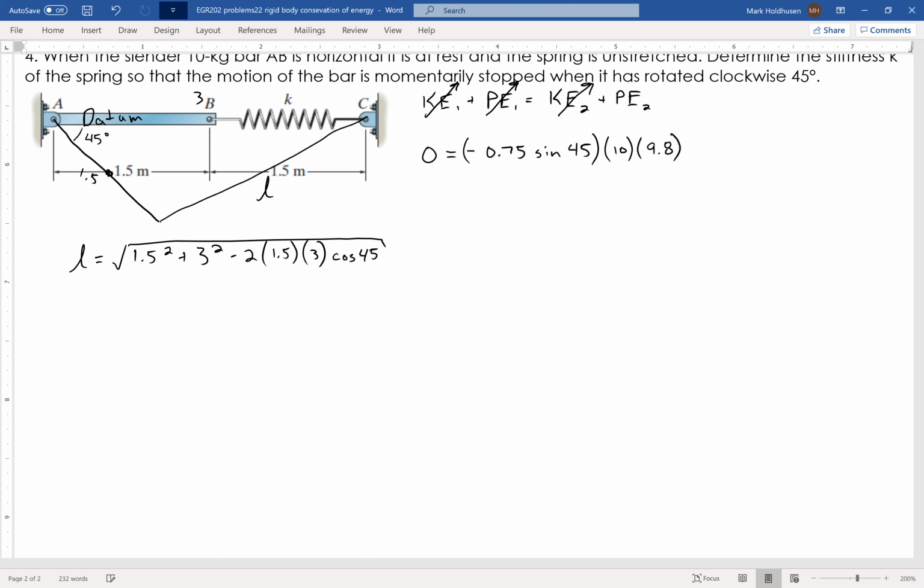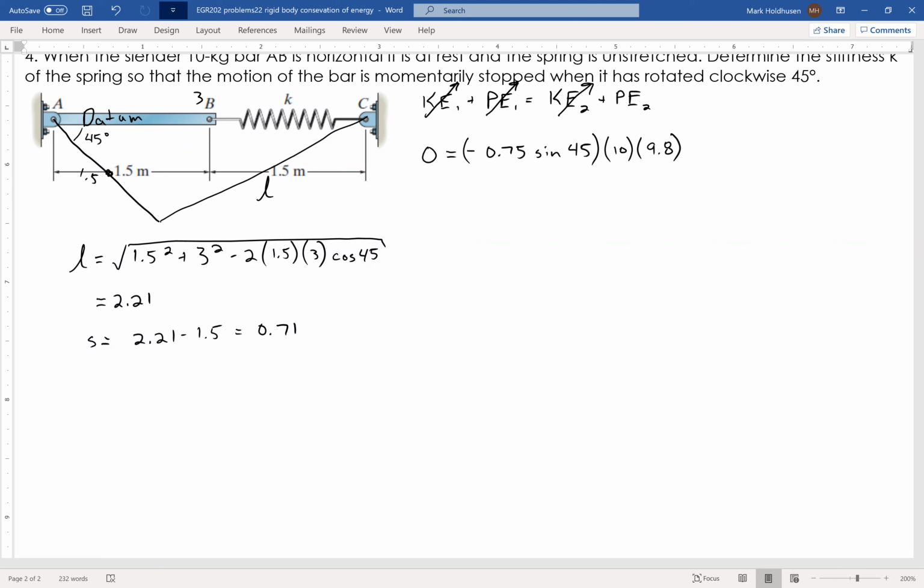Okay, and from that, this then becomes 2.21. The stretch in the spring then is 2.21 minus its unstretched length, which we know is 1.5, which gives me 0.71 as the stretch in the spring.